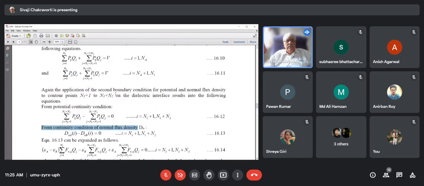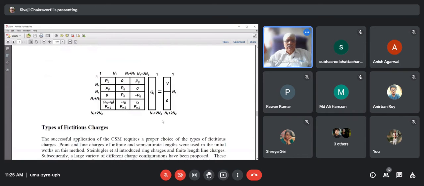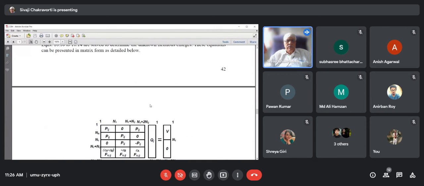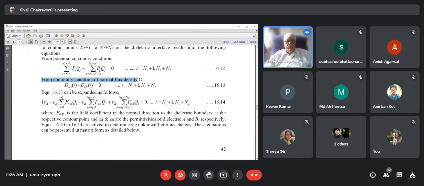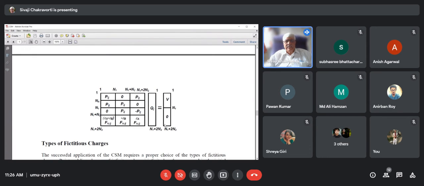Then n1 plus 1 to n1 plus n2, that is also present. So here you see second set of rows, n1 plus 1 to n1 plus n2, Pij is present. But you can see here in 16.11, the third set is not present. That is n1 plus n2 plus 1 to n1 plus 2 n2. So you see the third set is 0.